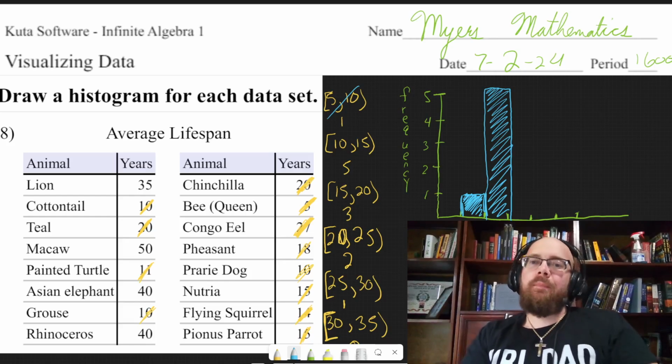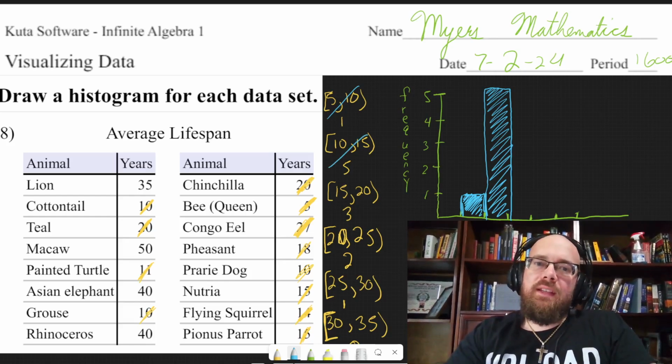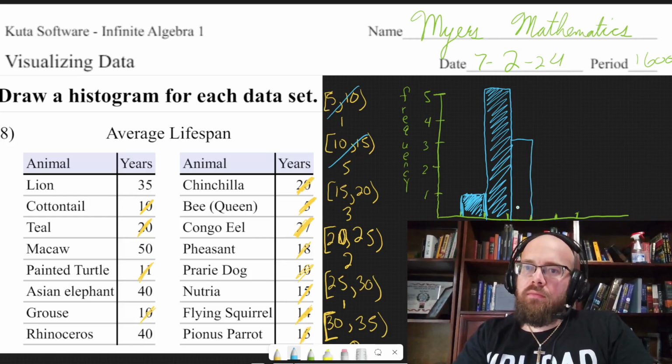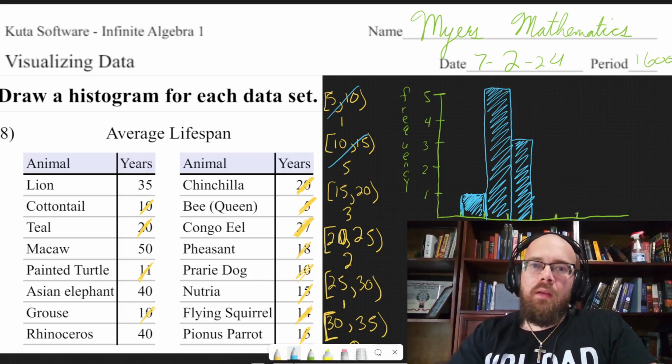All right, 5 to 10, 10 to 15. We're moving right along now, see? 15 to 20, we've got 3 of those. Then 20 to 25. So we got 2 of those.